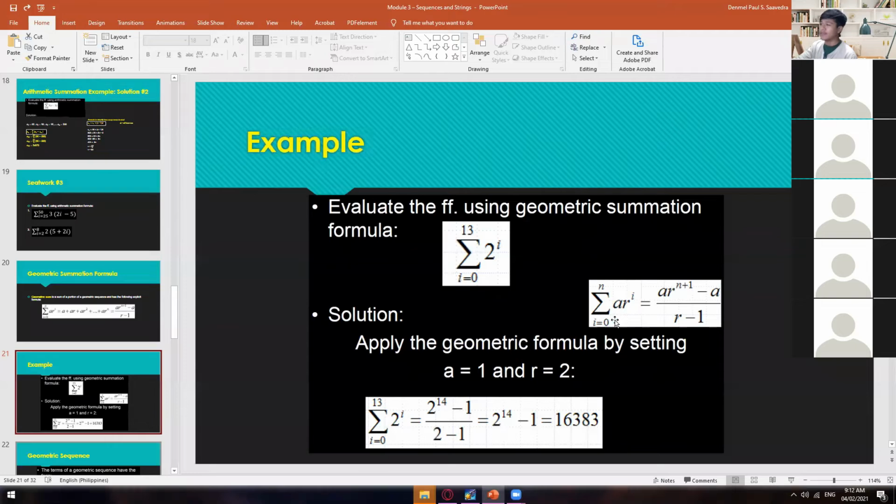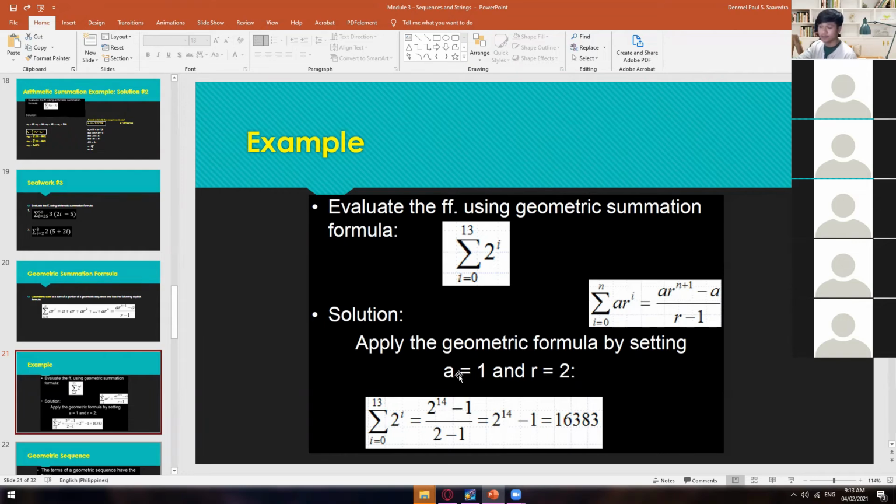Sorry, a is equal to 1, and then r is equal to 2. Apply this by using the geometric formula. So n plus 1 is 14, since your n here is 13. Just add 1, then you will get 14. So if you're going to use this given formula, you have to use these values.